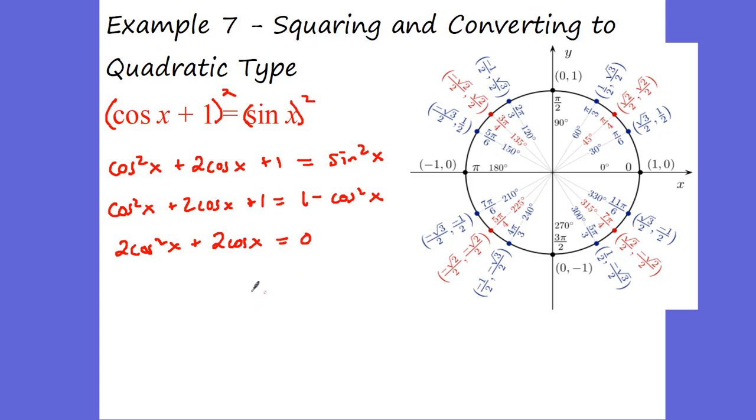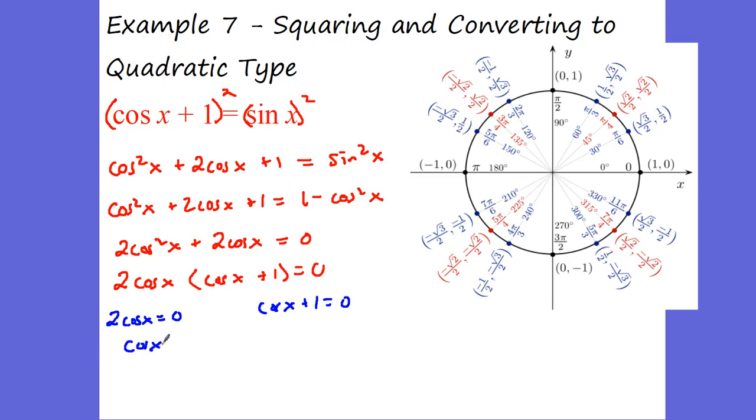I can factor out a cosine now. Actually, I can factor out 2 cosine now, which means I'm left with cosine of x plus 1 is equal to 0. And now I'm left with two things. 2 cosine of x is equal to 0, and cosine of x plus 1 is equal to 0. Where does cosine of x equal 0?